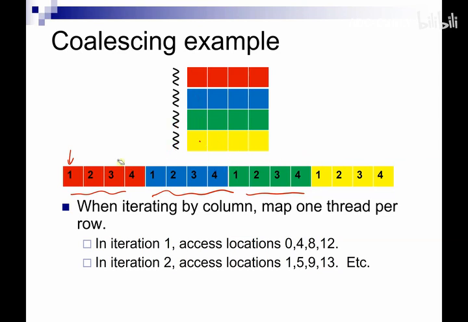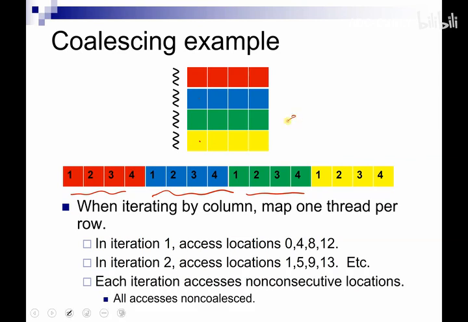Now what about the second iteration? The threads are going to read this value, this value, this value, and that value, which lie at these locations, and again, these are non-coalesced. In the third iteration, we read this third column, at these locations marked by 3, and they're again non-coalesced.